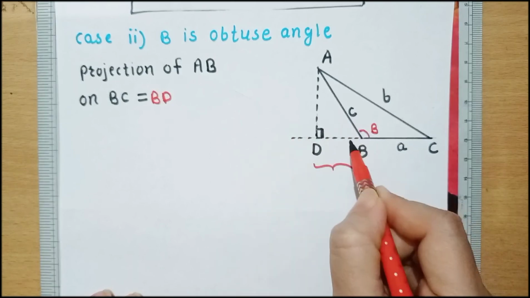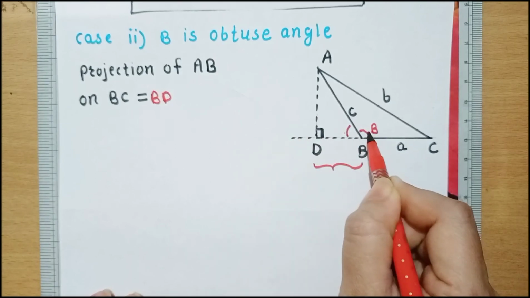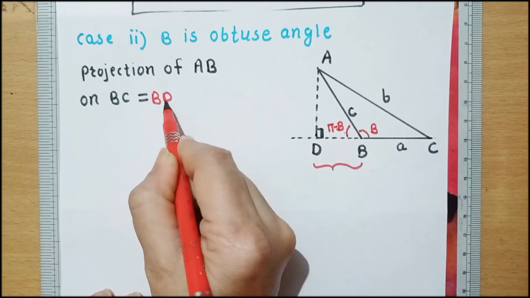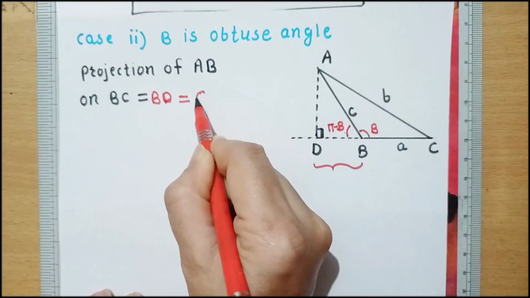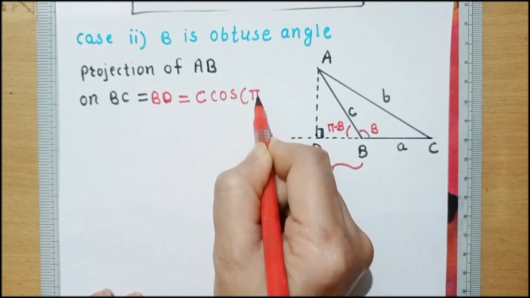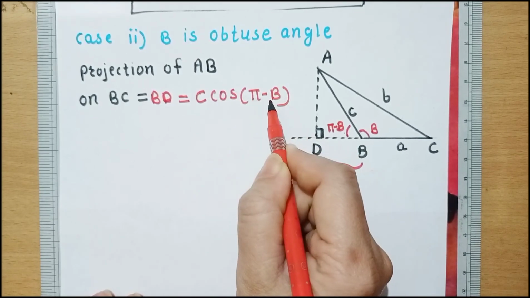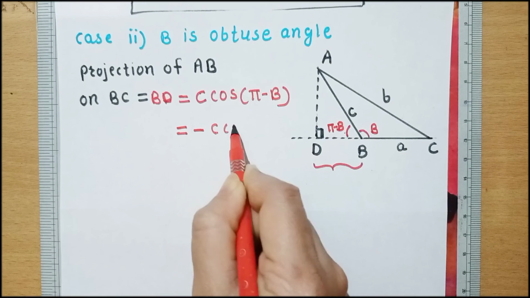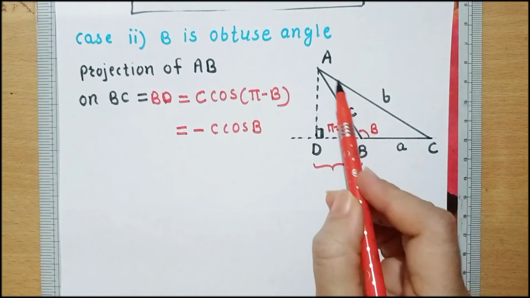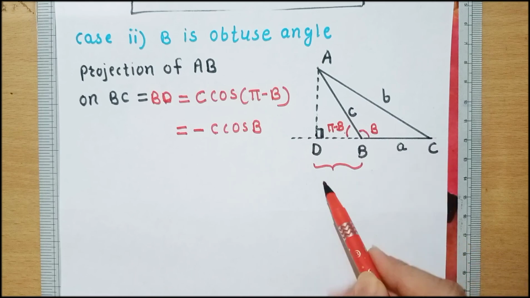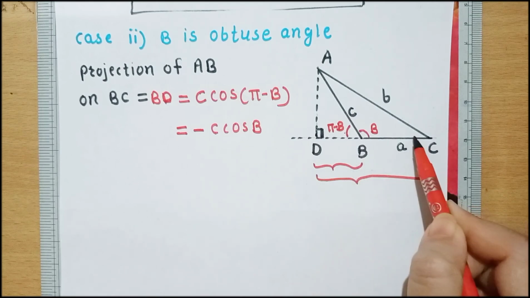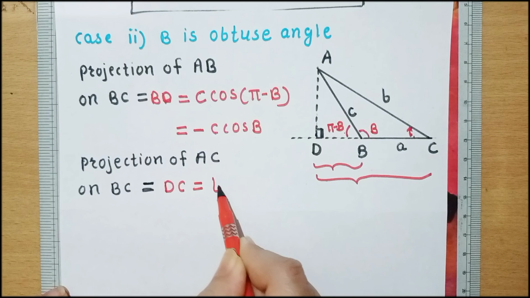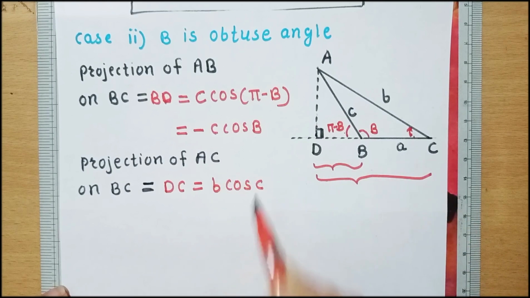This is a right angle triangle, and now since this is B, this angle is pi minus B and BD is the adjacent side, so this is equal to, this hypotenuse is C, cos of pi minus B. Now this is the second quadrant and in this cos is negative, so this is equal to minus C cos of B. Also, the projection of this AC along BC is this complete DC, and since DC is the adjacent side of this, we will write this hypotenuse B and then we will write here cos of C.